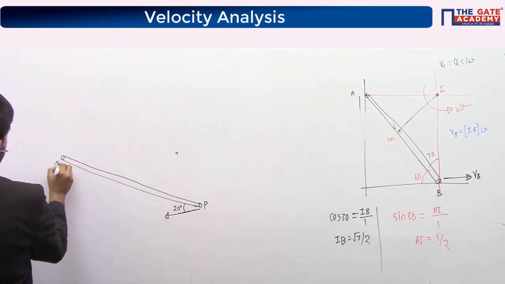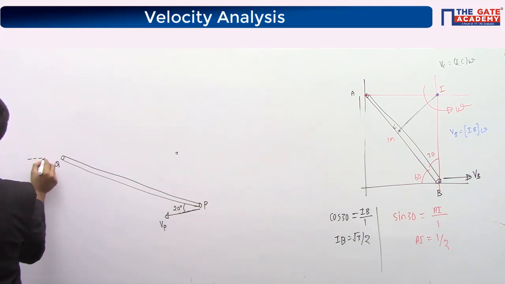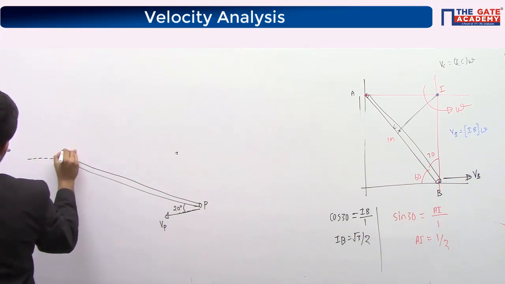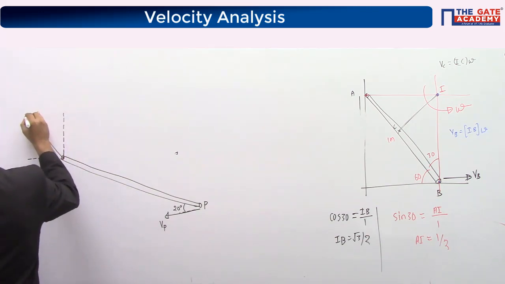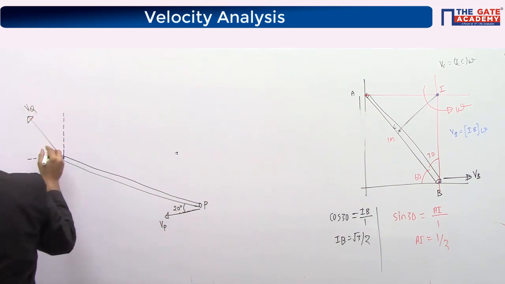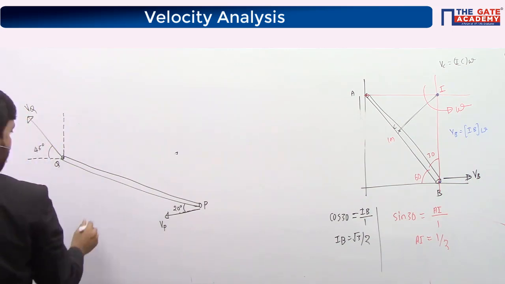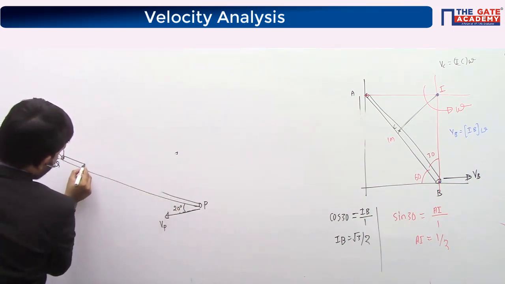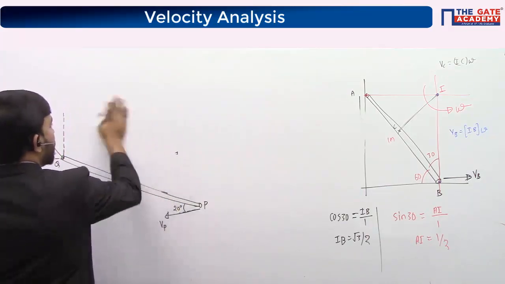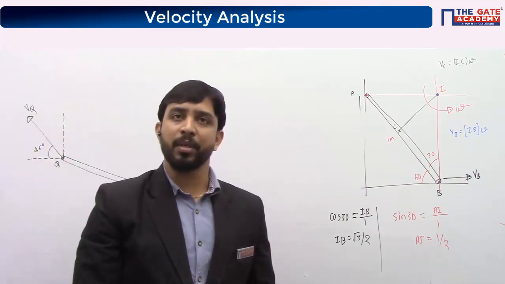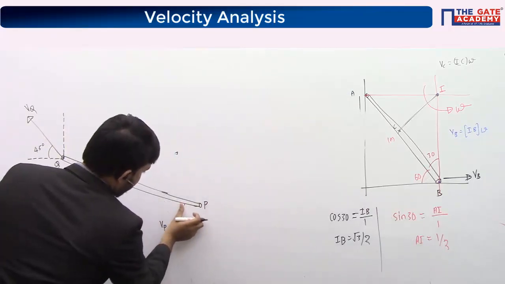I'm calling this P and this Q. This is the direction of velocity of point P, and this is the velocity of point Q. This angle is 45 degrees. The length of this link I am assuming is 2 meters. It's a rigid rod. This method of locating instantaneous centers is applicable only for rigid links, not for flexible links.